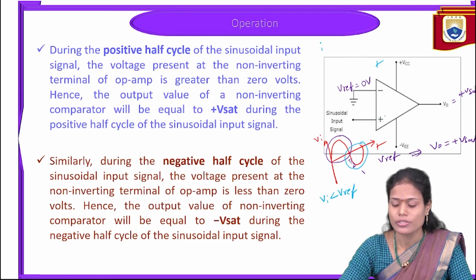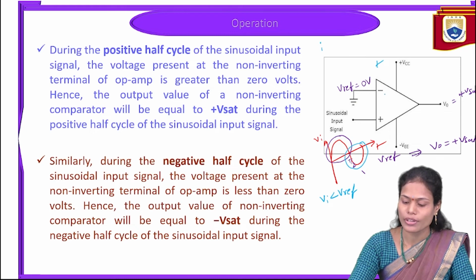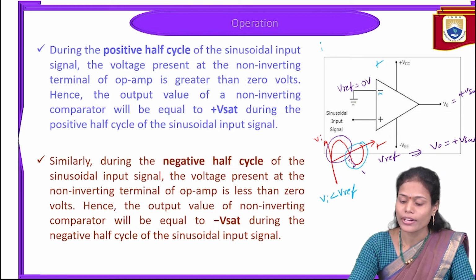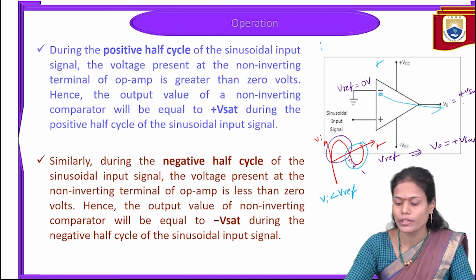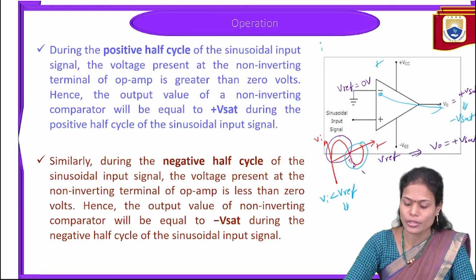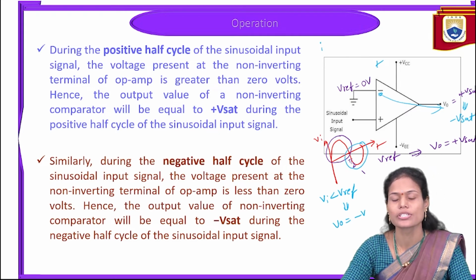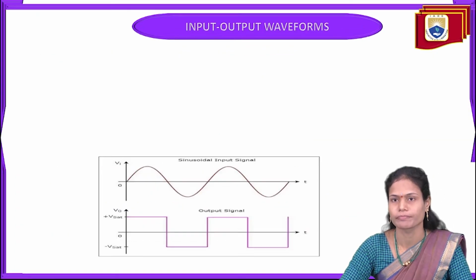So this is the negative value and this is the 0 value, but this negative value is less than this 0 value. So what polarity will appear across the output? My output is minus V saturation in this condition. So it is changing from plus V sat to minus V sat.